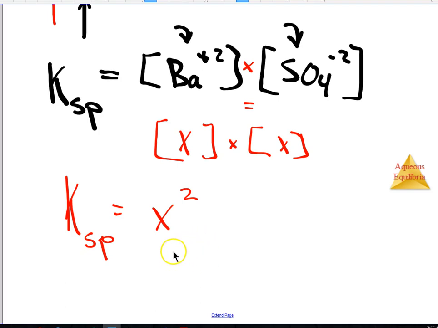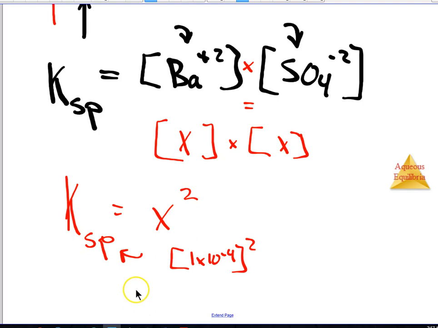Now, knowing that, if I knew the concentration of one of these, let's just say the concentration of Ba was 1 times 10 to the negative 4th. All right? Well, then all I had to do was square this, and it would tell me the KSP. Okay? Not bad, right?